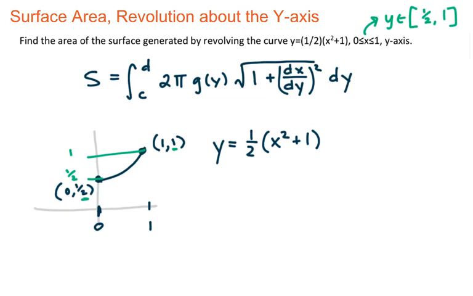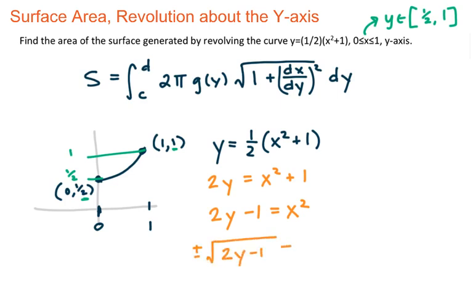Also, we need our function. Right here, what we're given is y in terms of x. We need x in terms of y. So we have to rearrange that as well. Rearranging that, I could say, well, this is 2y equals x squared plus 1, or 2y minus 1 equals x squared, and then you square root, plus or minus the square root of 2y minus 1 equals x.